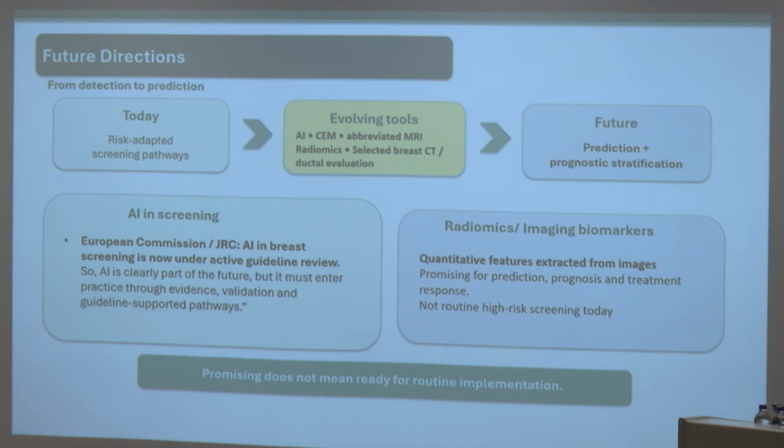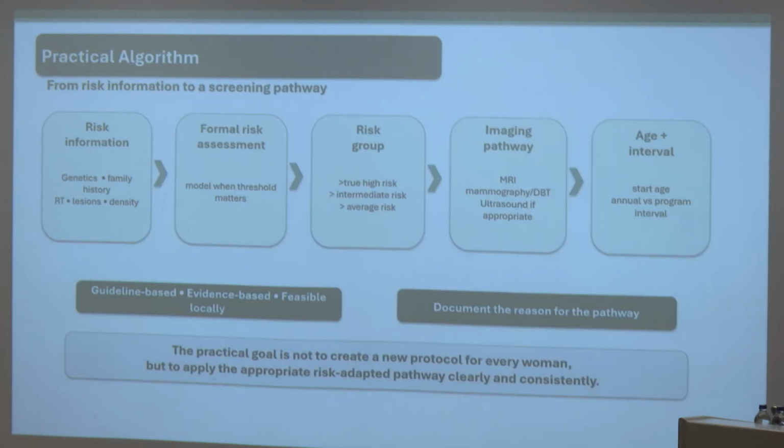But we say that we must support it by the guidelines. And radiomics imaging biomarkers are quantitative features extracted from images, promising for predictions, prognosis, and treatment response, and not routine high-risk screening today. It's promising, all of them.